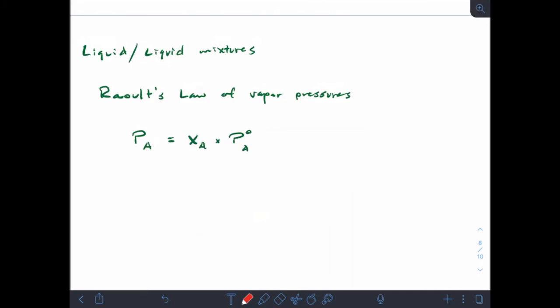And so let's annotate that so it's clear. So this is the vapor pressure of A. Okay. This is the mole fraction of A in the solution.